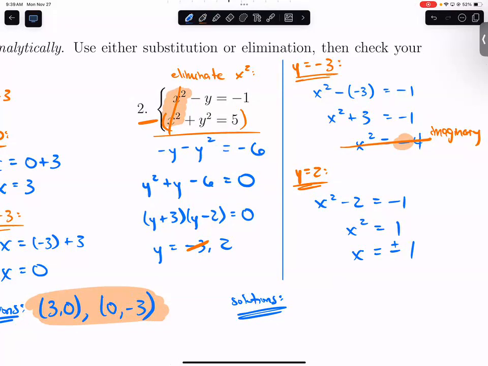Nothing from y equals negative 3, right? Because we ran into imaginary solutions, so I throw that out. From y equals 2, I got positive or negative 1. That's 2 points then. 1, 2, and negative 1, 2.